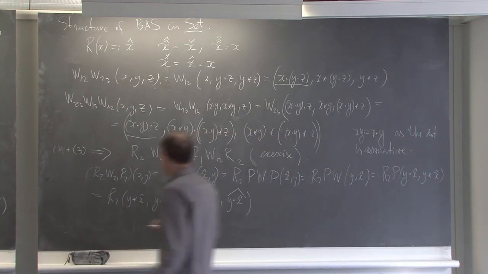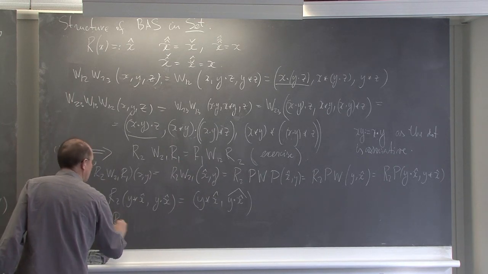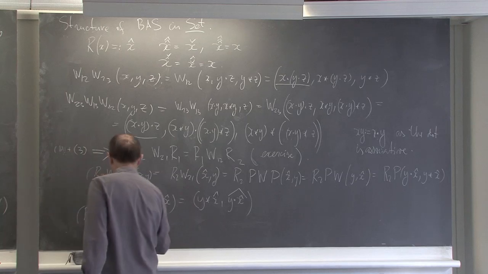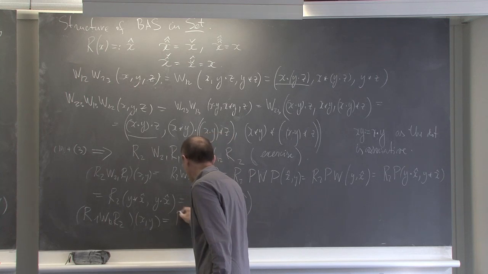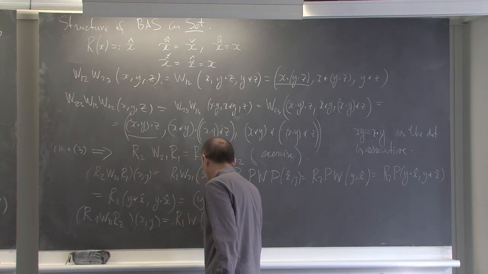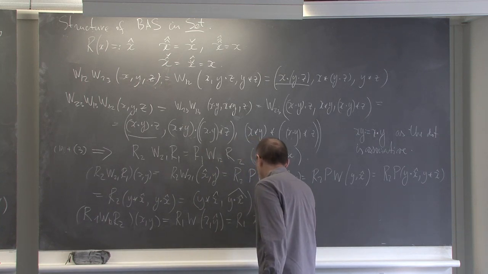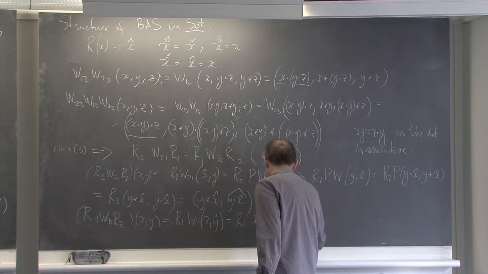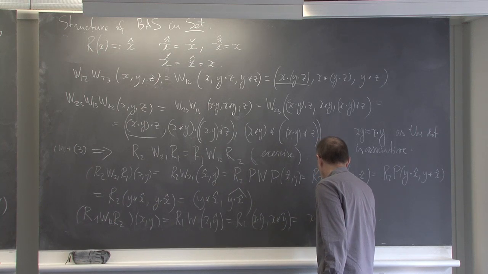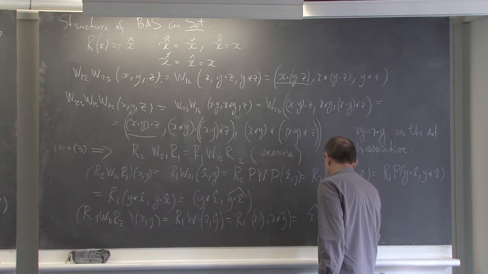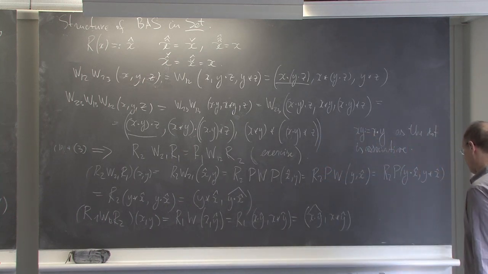And now we apply the right-hand side to xy. So we put a hat over y. We apply W: x, y hat. R1 of x·x hat, x, y, y hat. And we put a hat over the first component. And look what happens.